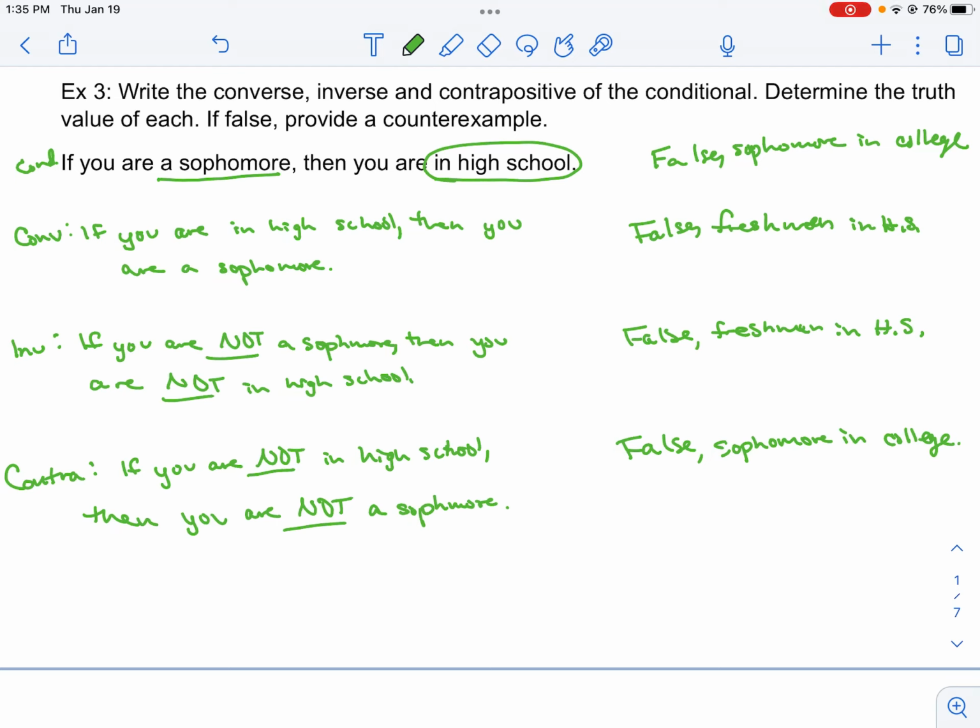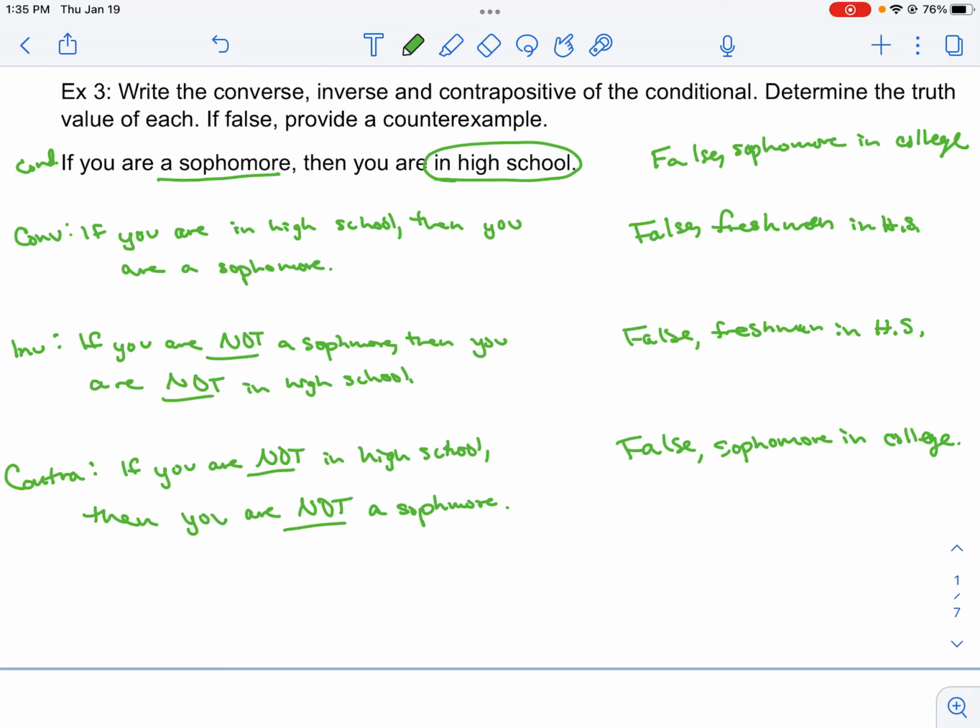So sometimes you will have a conditional and all four of them will be false. Or sometimes all four of them are true. Sometimes you'll have two of them that are false and two of them true. I will say you won't ever have a situation where one is true and three are false. It'll either be 2 and 2, or 0 and 4, or 4 and 0. Just because if you look at the converse and inverse, notice I use the same counterexample because those two are related.